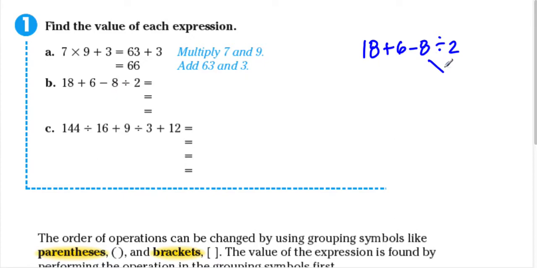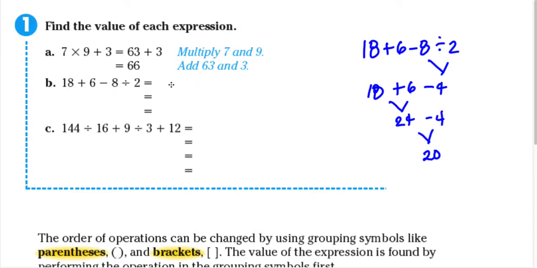So 8 divided by 2 is 4, and we simply bring down 18 plus 6 minus 4. Then we now have addition and subtraction. We simply go left to right. We add 18 plus 6, which will give you 24, and bring down minus 4. And we subtract 24 minus 4, which will give you 20.